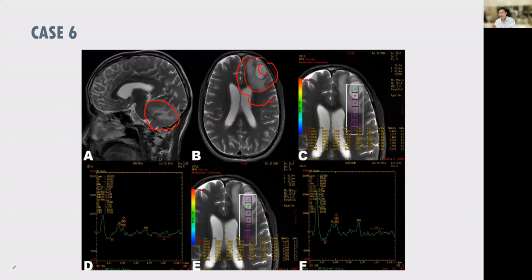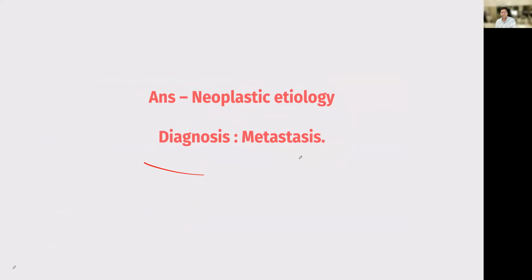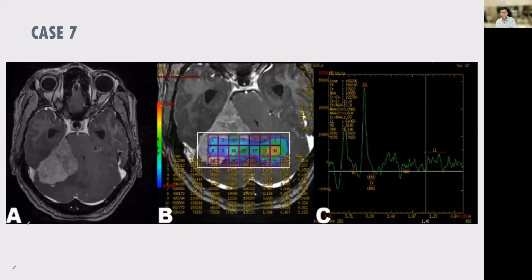We can take the help of diffusion in these cases, where abscess will show diffusion restriction, but metastasis mostly will show inhomogeneity in diffusion restriction. Multiplicity in old age, definitely I'll go in favor of a neoplastic or metastatic lesion. And this case turned out to be a metastasis.